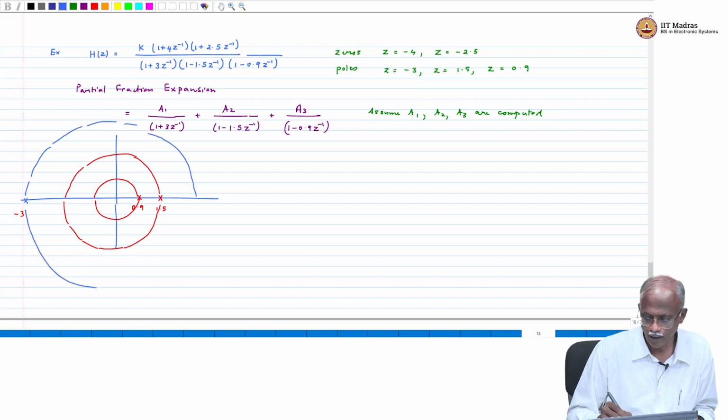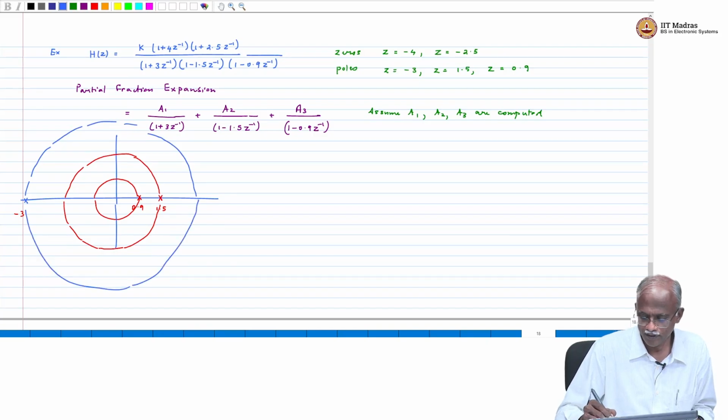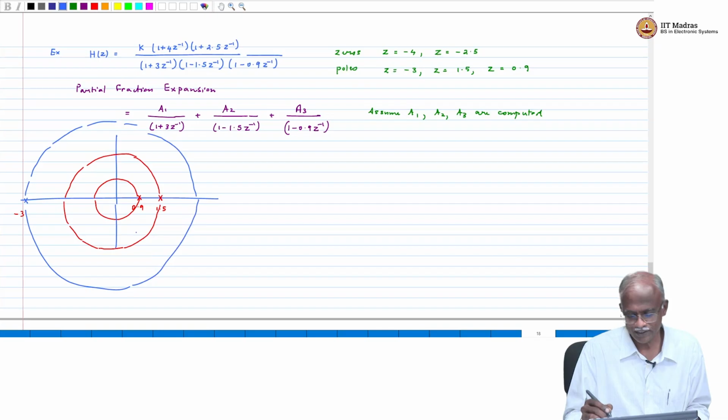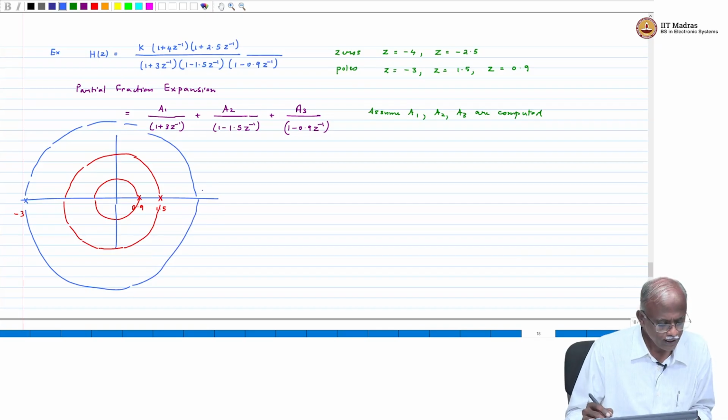You'll have to imagine them as three concentric circles. Now the possible regions of convergence that we have.